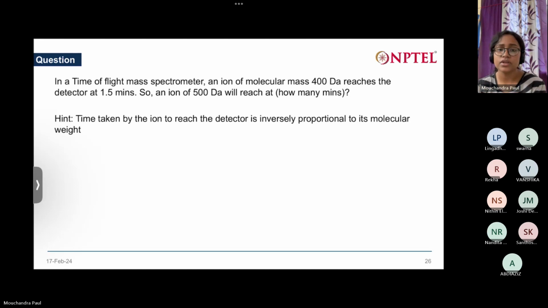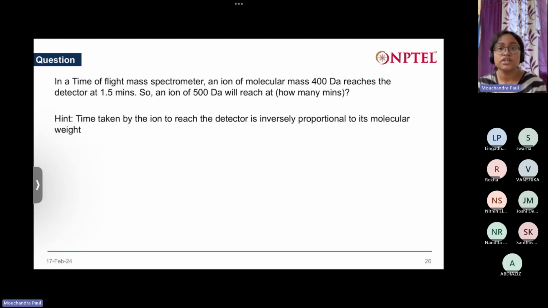Proportionally, you have to answer in how much time an ion of 500 Dalton will reach. The hint here is if the mass of the ion is large, it will take a longer time to reach the detector. If it is a smaller mass, it will take less time to reach.